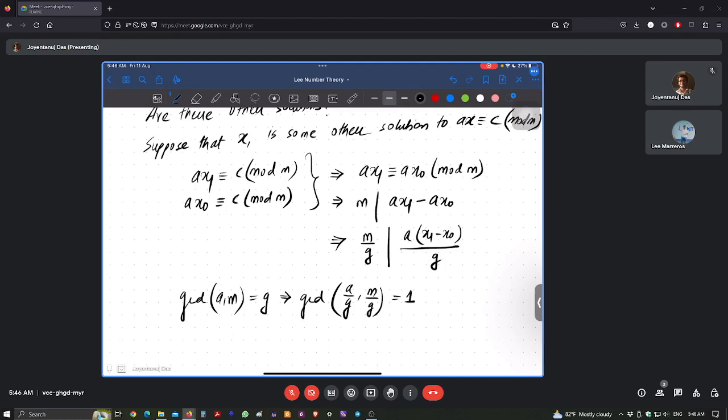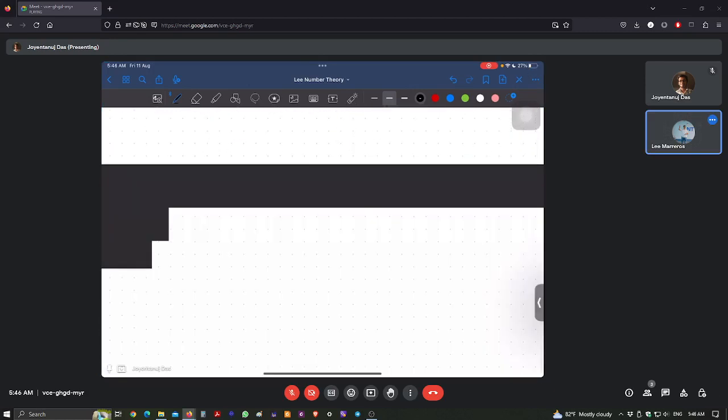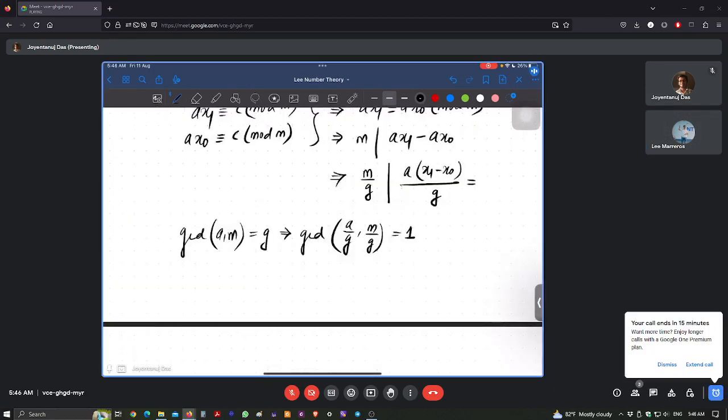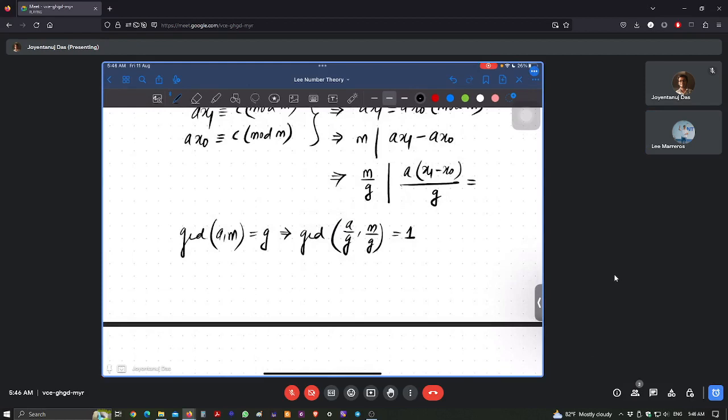Since the GCD is 1, we can conclude that M by G must divide x1 minus x0.